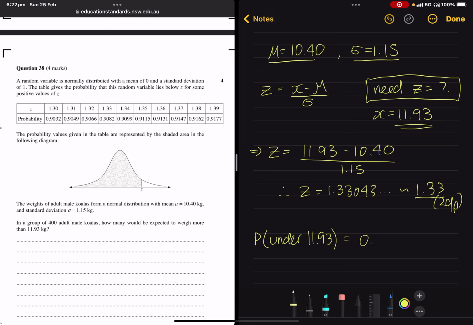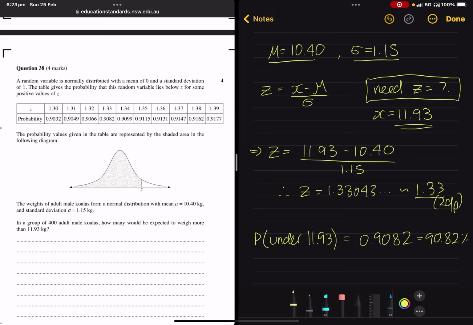So this is 0.9082. This is 90.82%. And so what this means is if a koala weighs 11.93 kilos, about 90.82% of koalas weigh less than that koala. And so there's about 8.18% that weigh more, just based on the distribution.